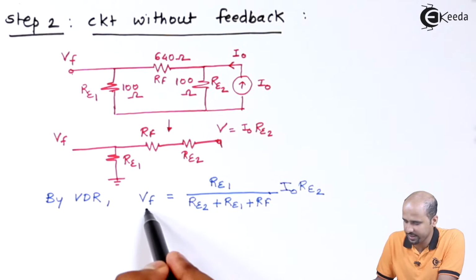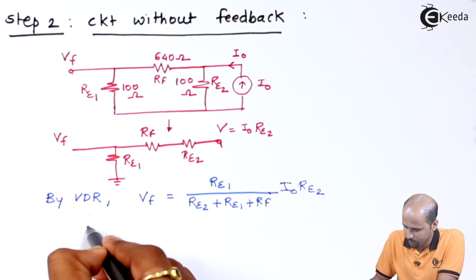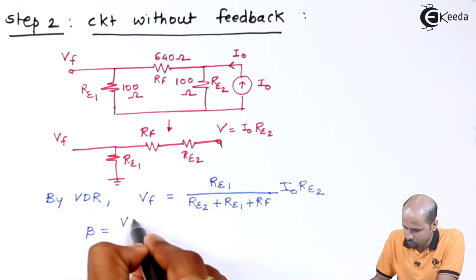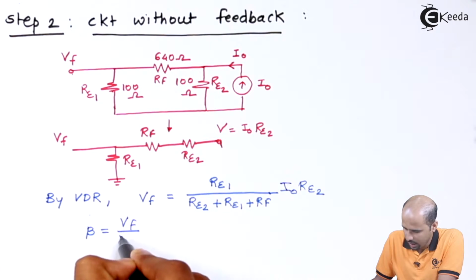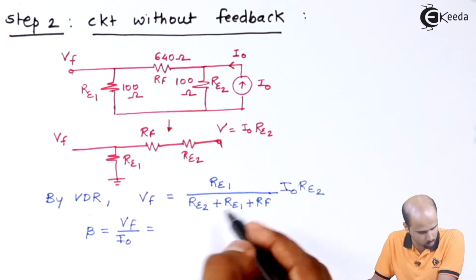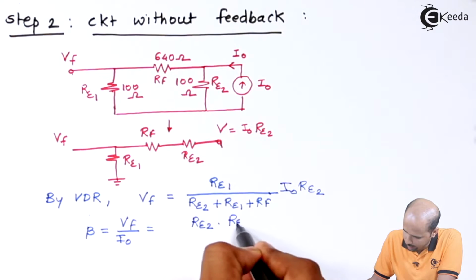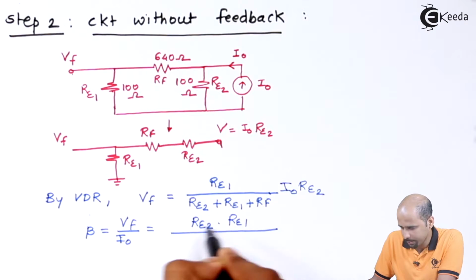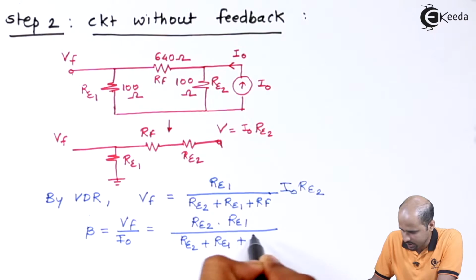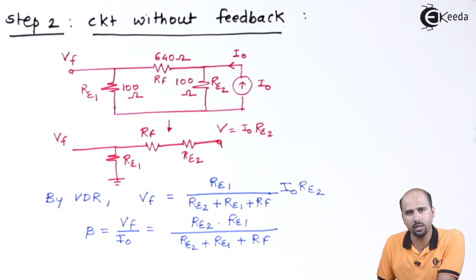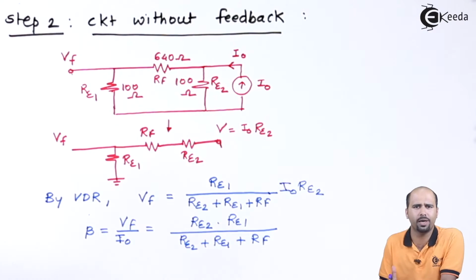So I will be getting the value of B now. The value of B is equal to VF divided by IO, which is equal to RE2 into RE1 divided by RE2 plus RE1 plus RF, right? Now what we'll have to do? Put in the values, get the answer.